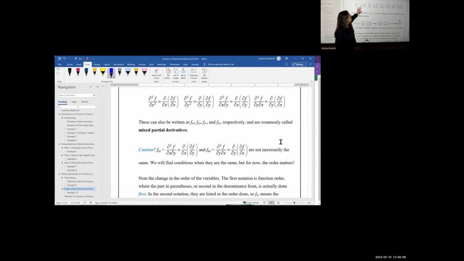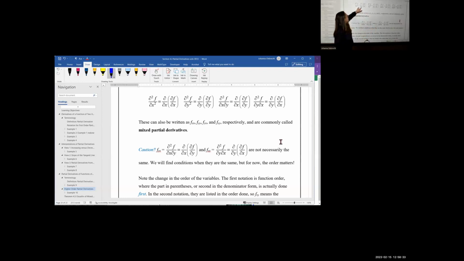So these are the possible partials that you can have for a function of two independent variables, x and y. You can see different ways of writing it. We use that 2 in the power position if we're using the partial with respect to the same variable two times in a row.